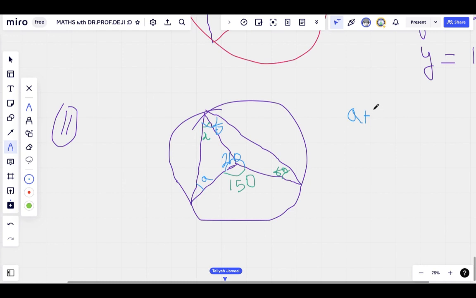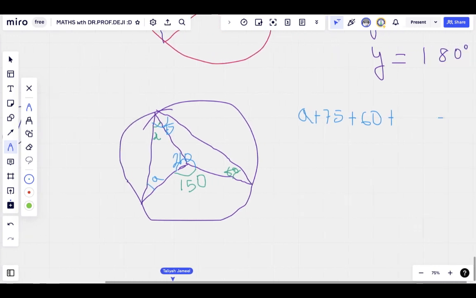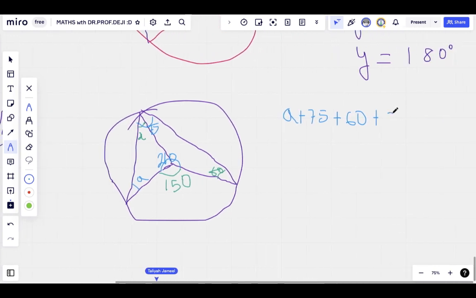So A plus 75 plus 60 plus 210 is equal to 360.